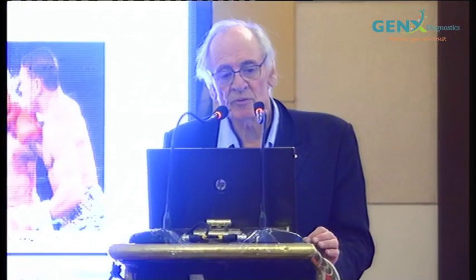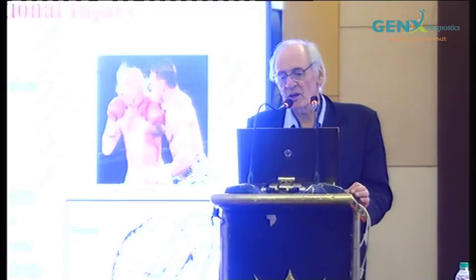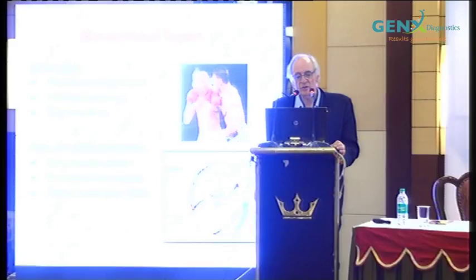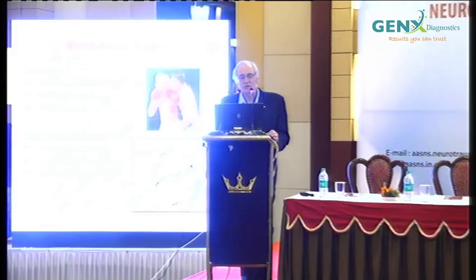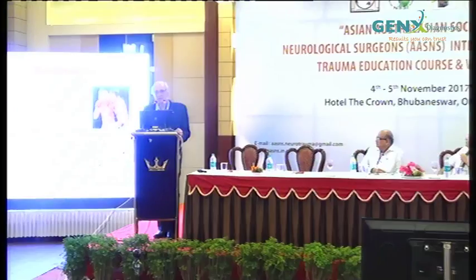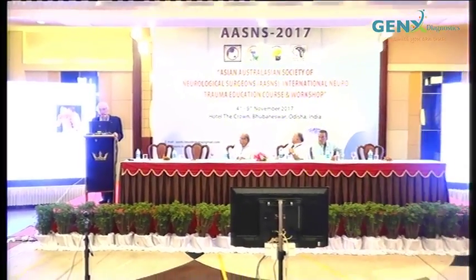But as you know, the basis for subdural hematomas is a rotational injury, and that there is a relative movement between the brain and the interior of the skull, and that accompanying this rotational injury there is deformation of the underlying brain.